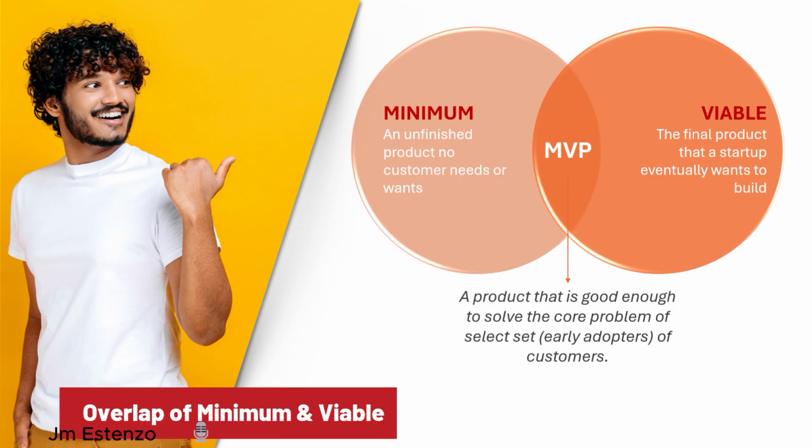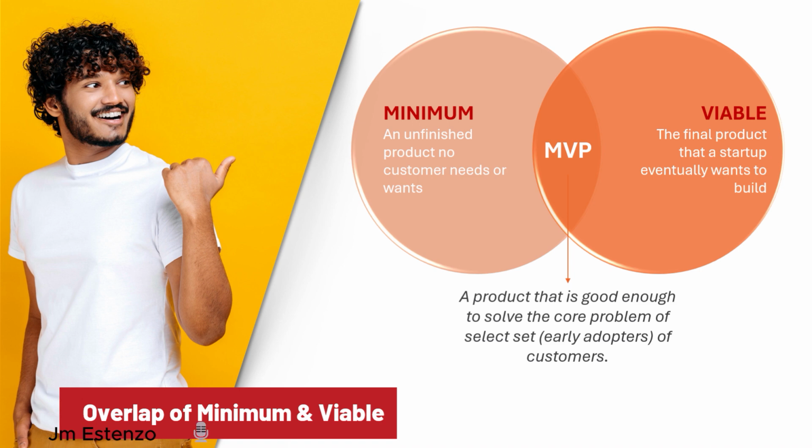The overlap of minimum and viable. The term MVP often gets misunderstood. People focus on the minimum part and think it means cheap, fast, or unfinished, but an MVP is so much more than that. Minimum product. Let's look at the circle on the left, labeled minimum. It represents a product that is simply unfinished.